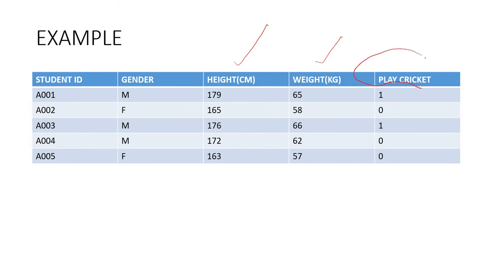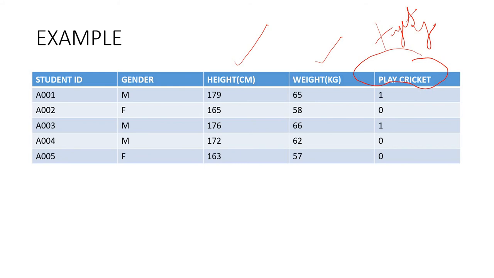We need to predict whether the student will play cricket or not. This is the output variable, the target variable y. This is what we are going to do.